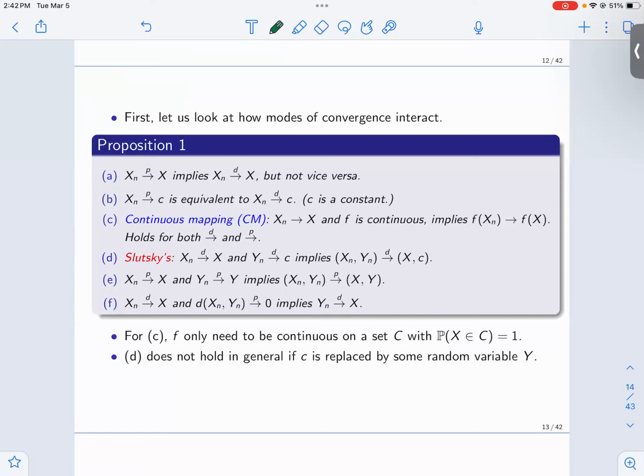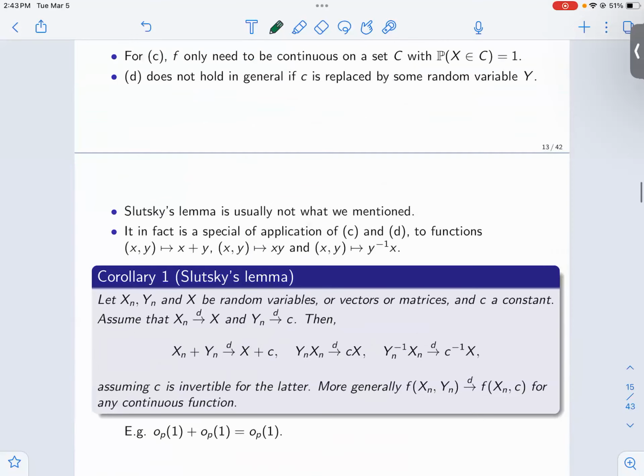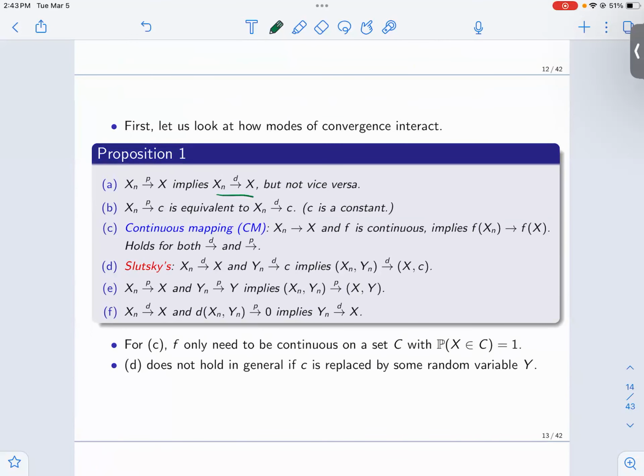The first thing is that convergence in probability implies convergence in distribution, but not vice versa. If a sequence of random variables converges in probability to some random variable X, then it converges in distribution to that random variable. However, you should note that the meaning is different. This is saying that the law, or the distribution, of X_n converges to the distribution of X. Nothing is realistically converging.